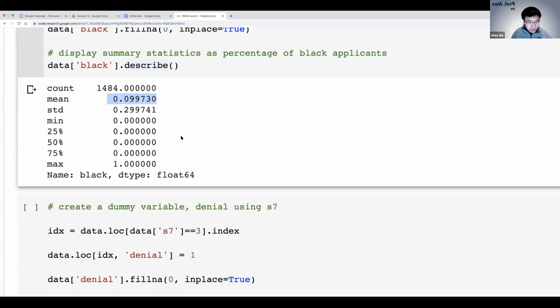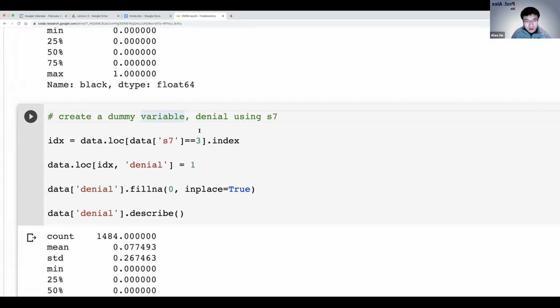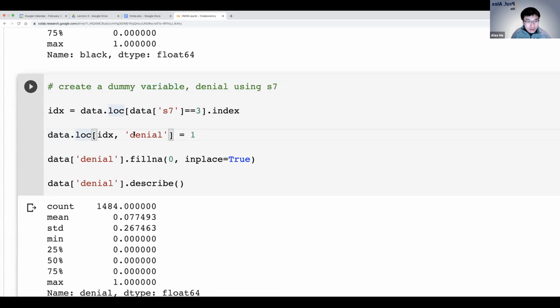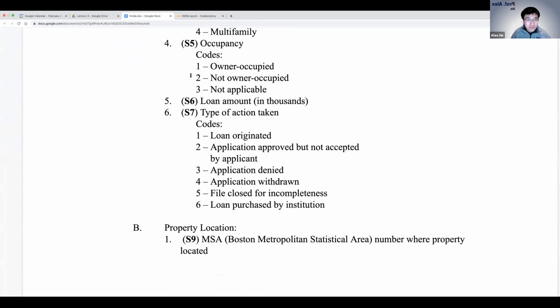Okay. And then we also create our outcome variable. The outcome variable is whether the mortgage is denied or approved. So here we create a variable called denial, and that equals 1 if it's denied, and 0 if it's approved. Okay, so that's S7 here.